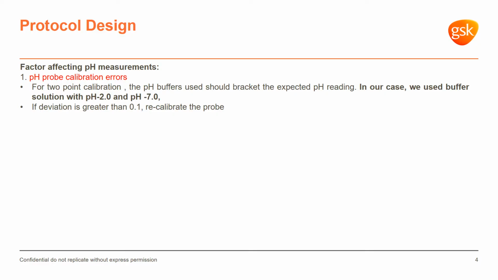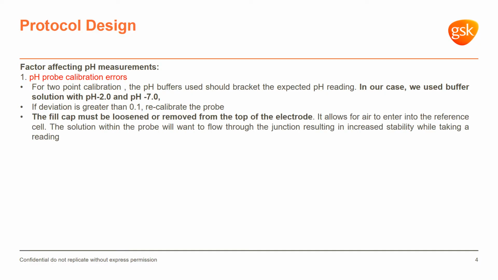We also had to understand the measurement variability, which was about 0.1 unit for the system. Any drift above 0.1 unit, we would go into recalibration. We also understood some things about the ways of working and using the electrodes on the EasyMax system.